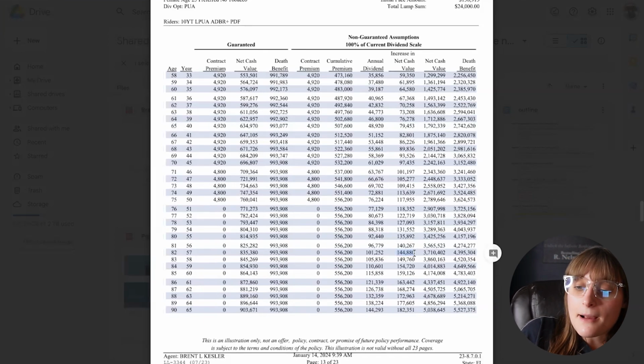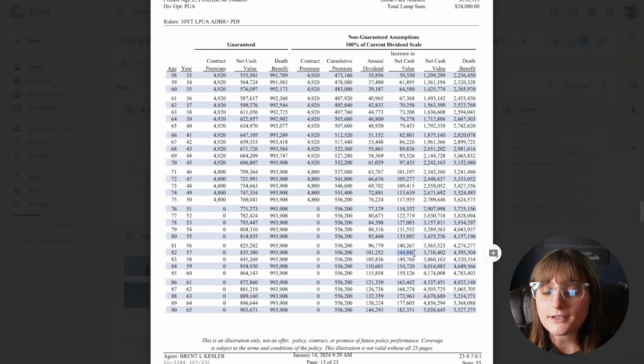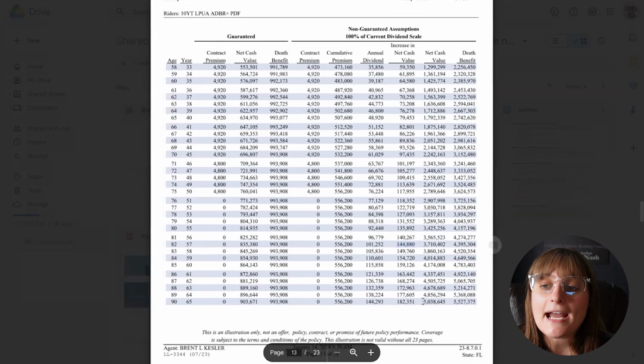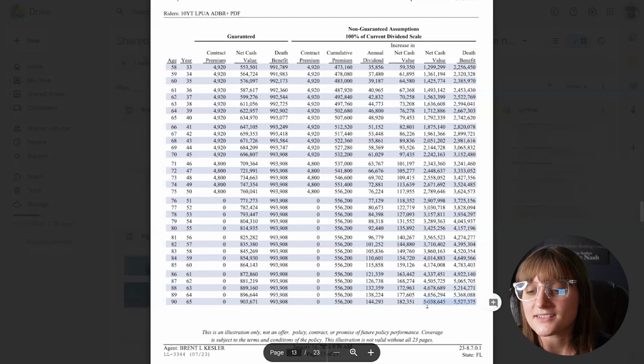And at the time of my graduation date too, let's say that I graduate at age 90, and at that time, I have a $5.5 million death benefit. And let's say that I have withdrawn and taken out loans of this full entire cash value bucket, let's just call it $5,040,000.